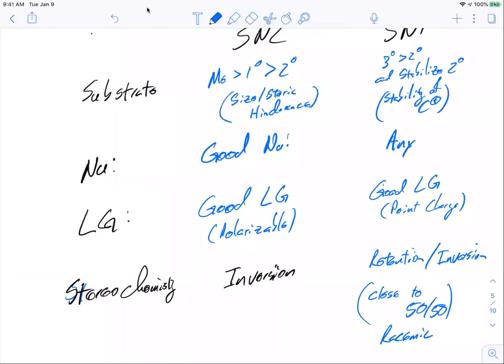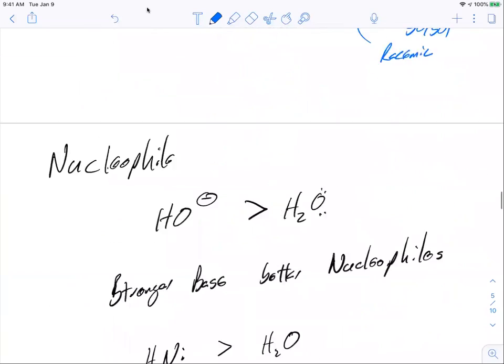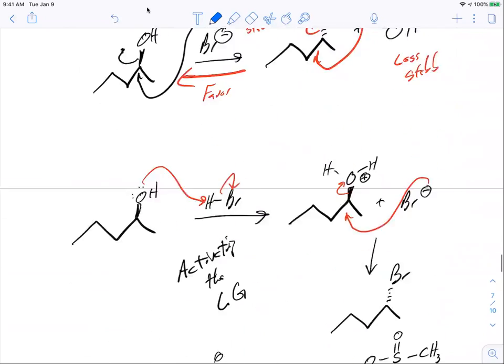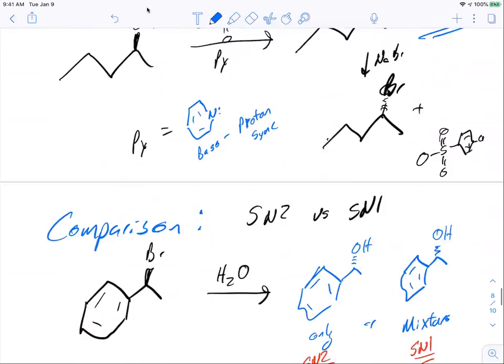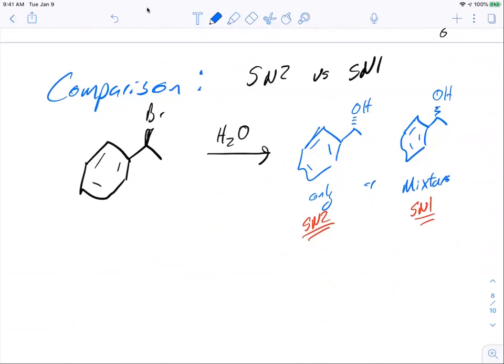If it's a methyl, I'm not going to get any SN1. If it's a tertiary, I'm not going to get any SN2. So kind of like the ARIO that we use for acid strength and base strength, we can use the substrate as our primary. So in this case, I have a secondary substrate. Is that all I know about it?